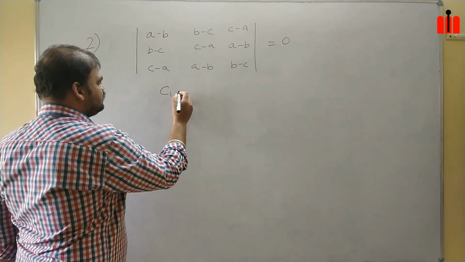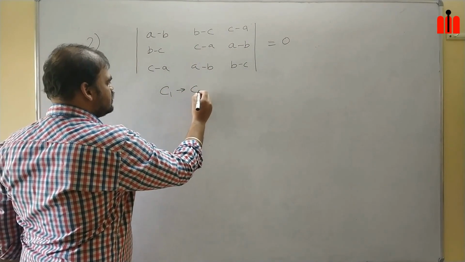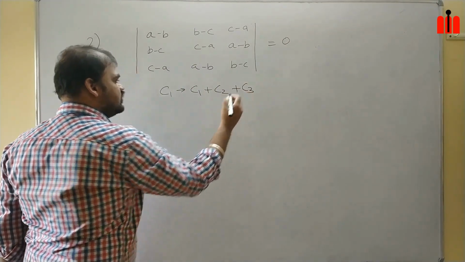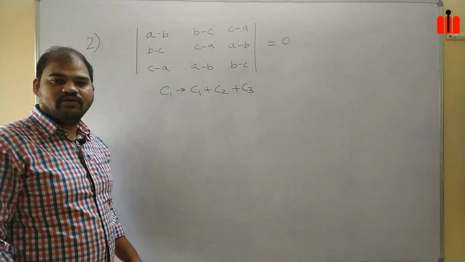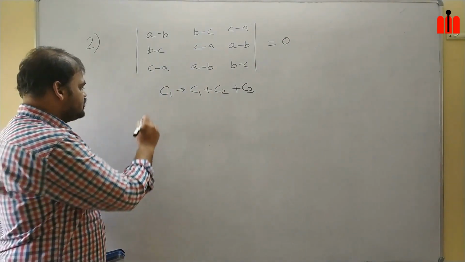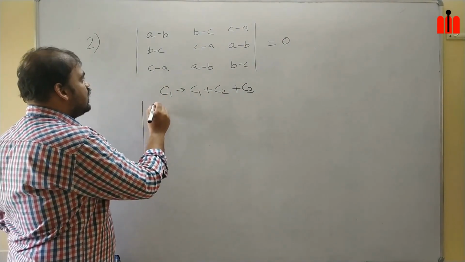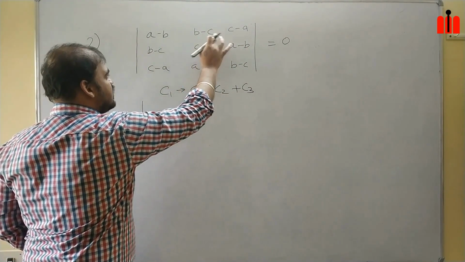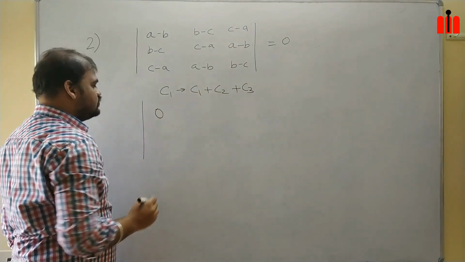So C1 will be C1 plus C2 plus C3. What I am doing is adding all three columns. Then it will become a minus a 0, b minus b 0, c minus c 0, so the first element is 0.